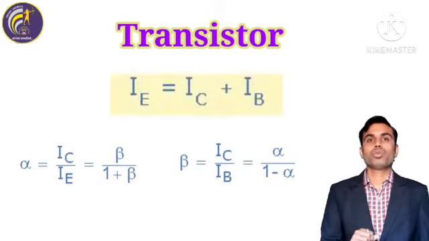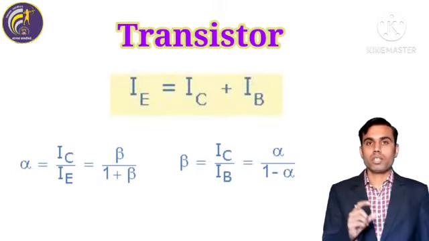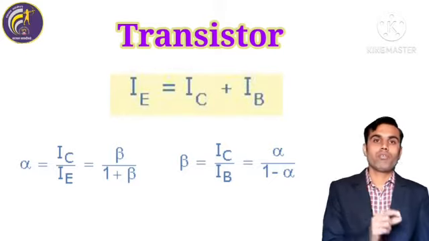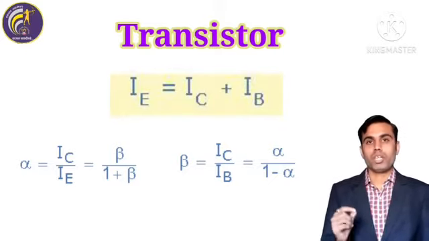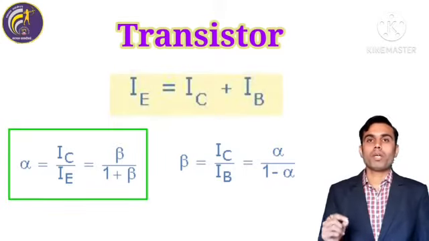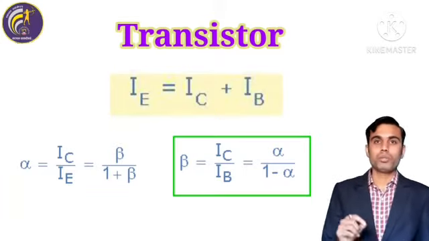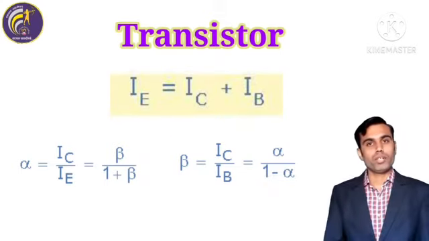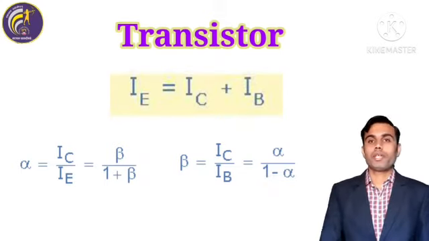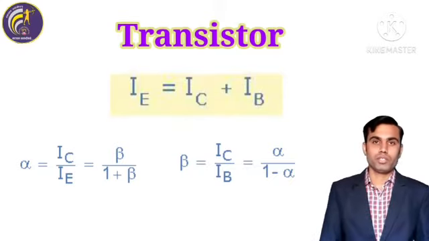If we take the relation between alpha and beta, we get these equations: alpha is equal to beta upon 1 plus beta, and beta is equal to alpha upon 1 minus alpha. So these are the two current ratios available in a transistor.